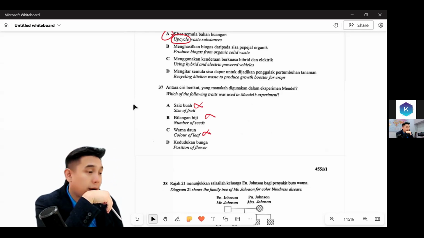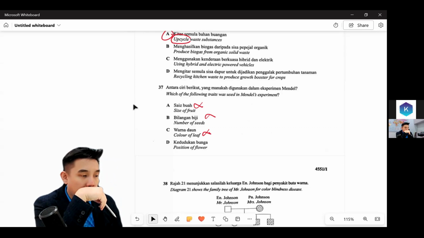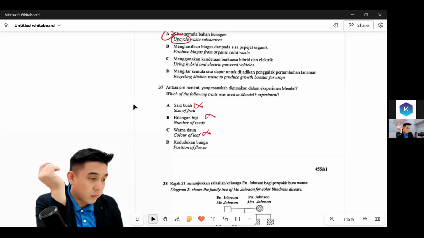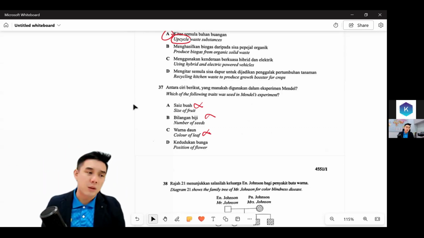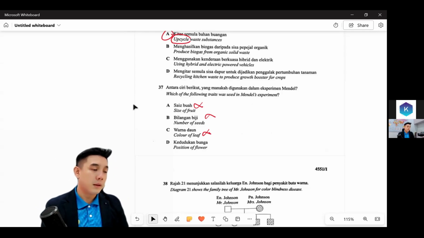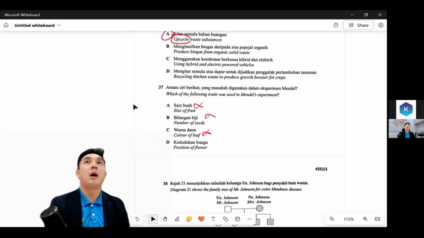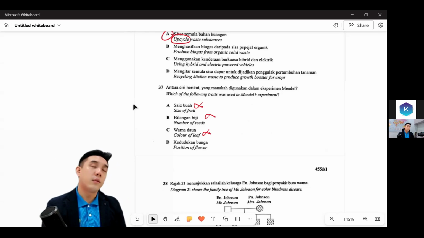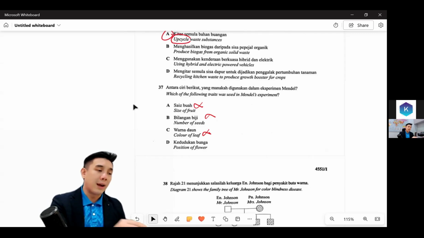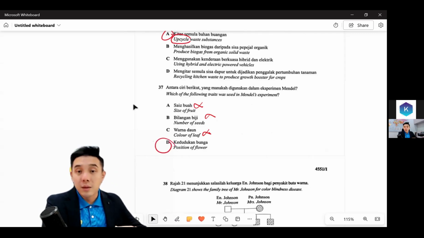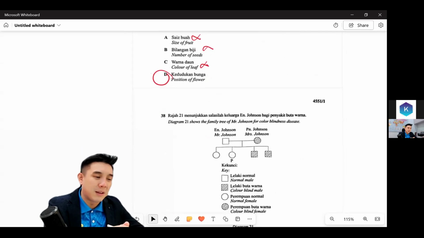Position of flower. Number of seed is wrong. Color of leaf is wrong because we talk about color of flower, not the leaf. Position of flower, high or low? Okay. Size of fruit definitely out. I think you have to select D because the rest don't make sense.